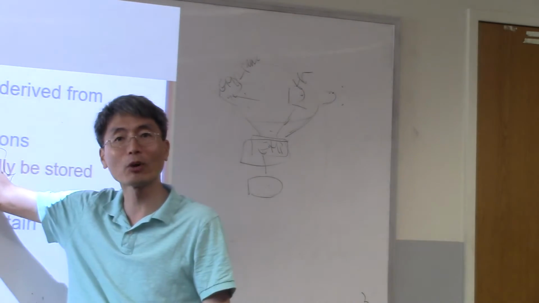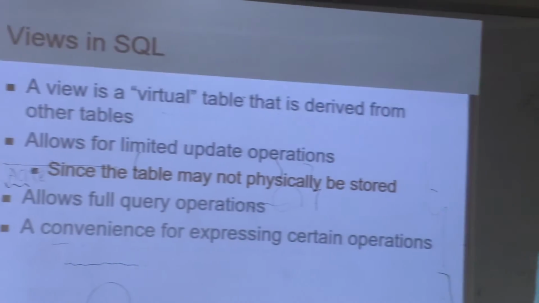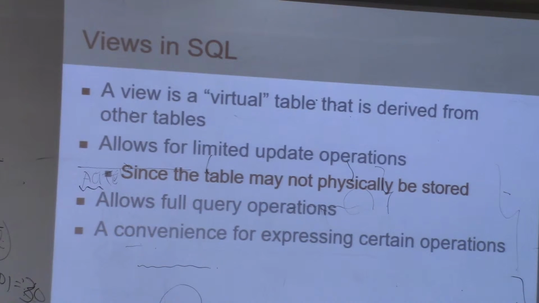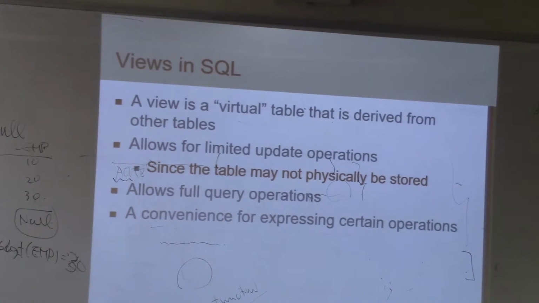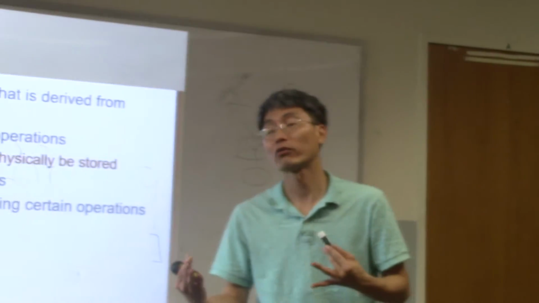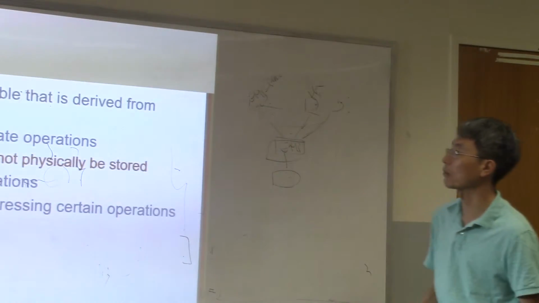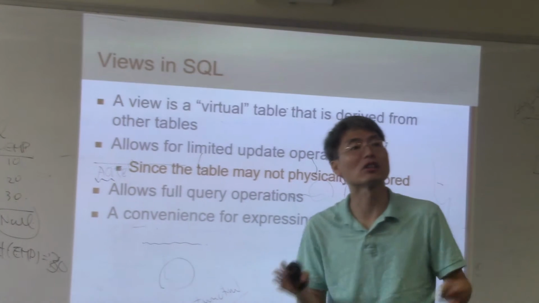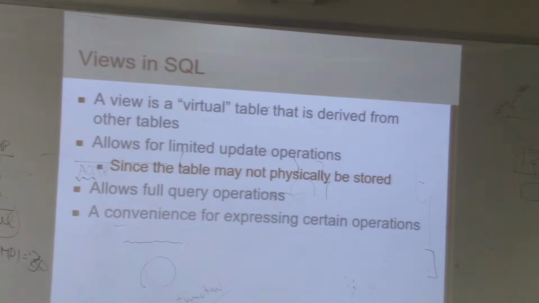To implement that, we have the view object. View is not a real table, unlike employee. It's a kind of virtual table. It has a schema, but it doesn't have real data. Real data is in the main table, so there's no physically stored data. Instead, it has only the outside, different schema.